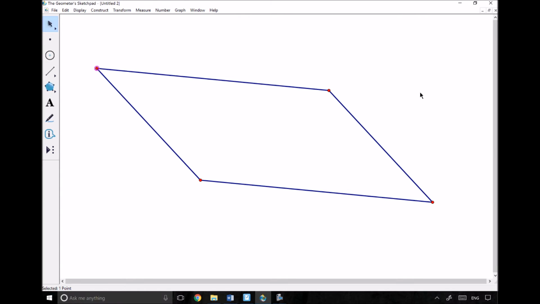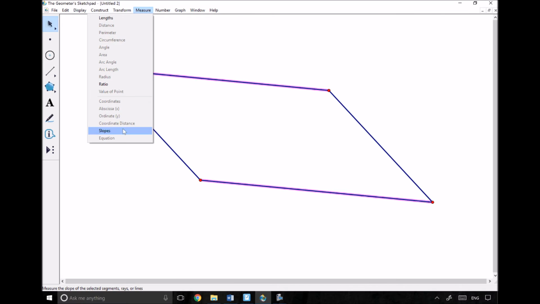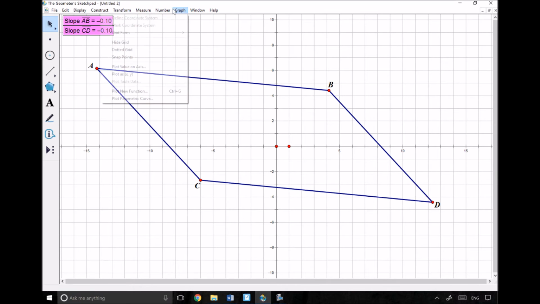Okay, and then our last property for this unit has to do with parallelograms. So if you look right here, we have a parallelogram, and we know it's a parallelogram because if I measure the slopes, I can see that these slopes are the same. Let me hide the grid.